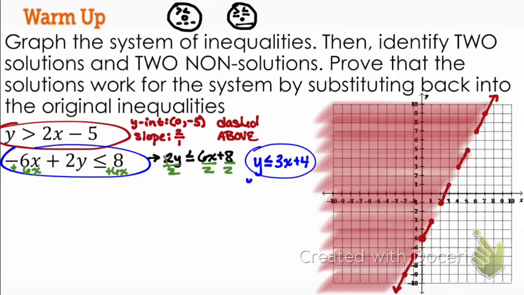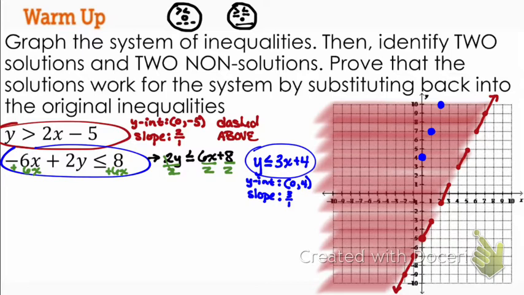What's our y-intercept? 4. So on the y-axis, 0, 4. Right here. What is our slope? 3 over 1. So I'm going to go up 3 and right 1, up 3 and right 1.